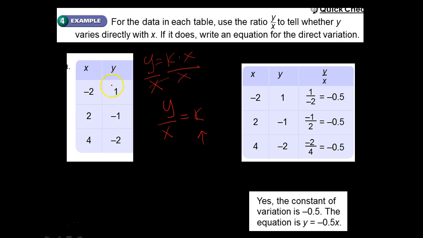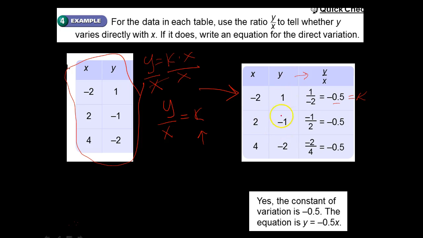So here, take a look. Plug in my y. This is what's given, and I need to see if my constant, my k, is the same throughout. So here's my same table, but now showing where you got y over x and why that's in this third column. So with -2, 1, my y value is 1 over -2, -0.5 is my k.